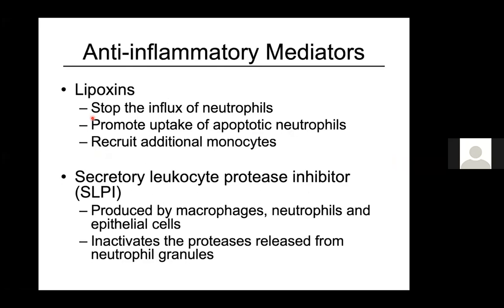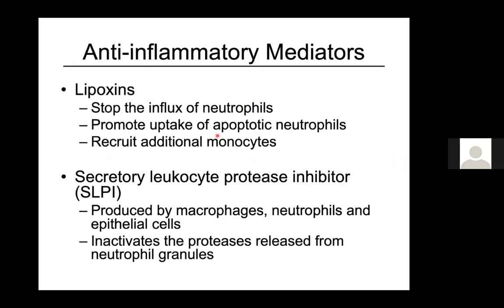Like the lipoxins, which are still arachidonic acid metabolites, if you revise that production system. This one stops the influx of neutrophils, promotes the uptake of apoptotic neutrophils, and recruits additional monocytes. The monocytes come and take up all the cellular debris at the site.